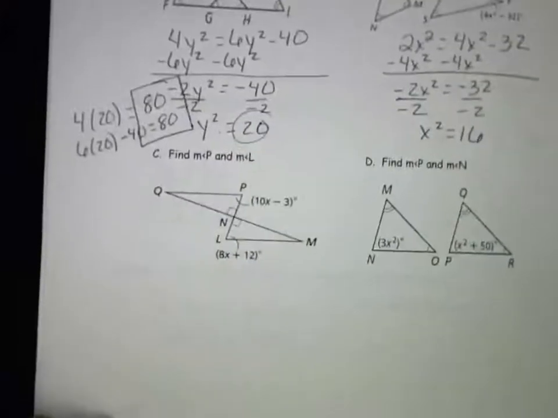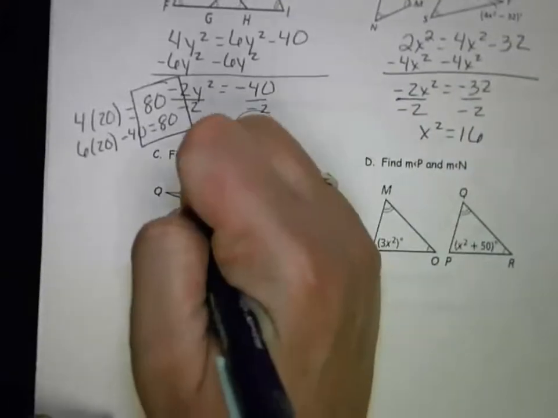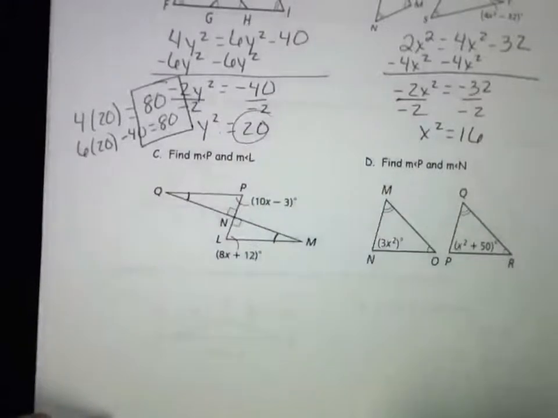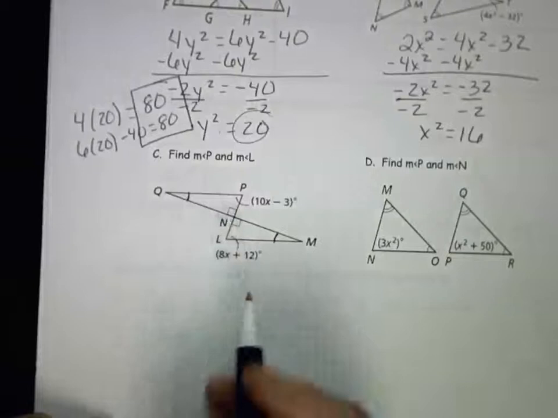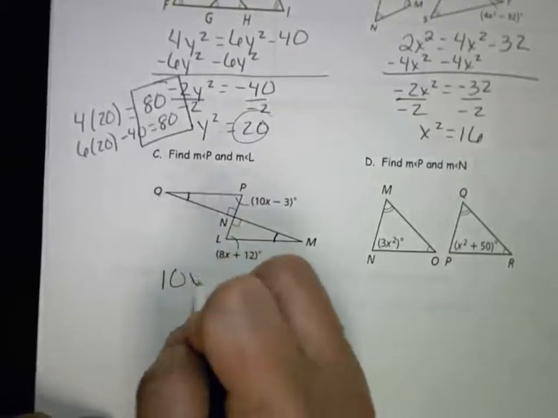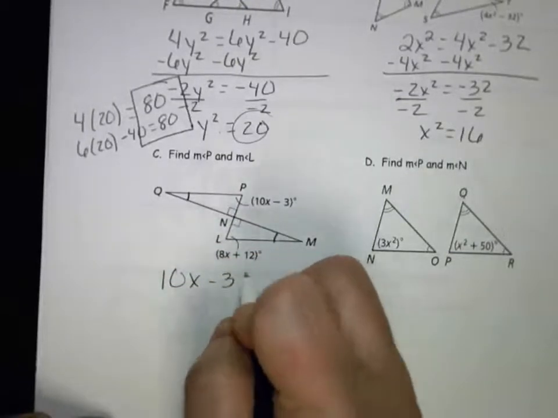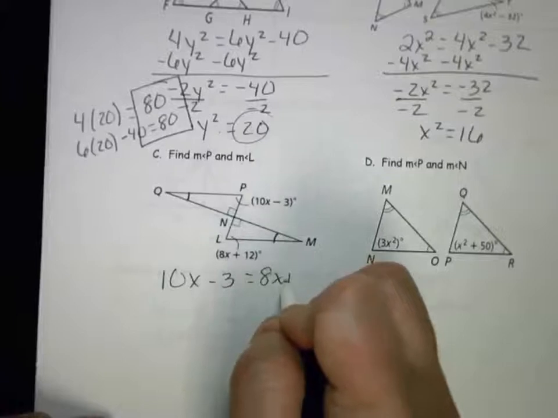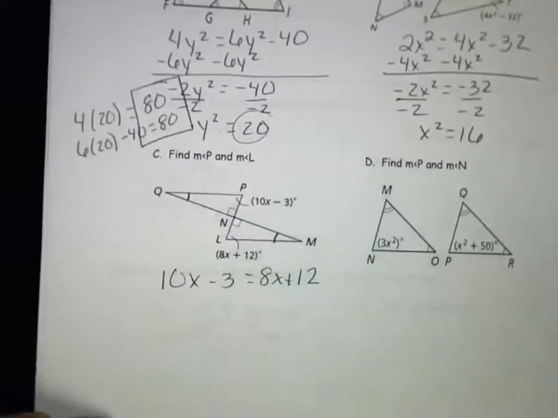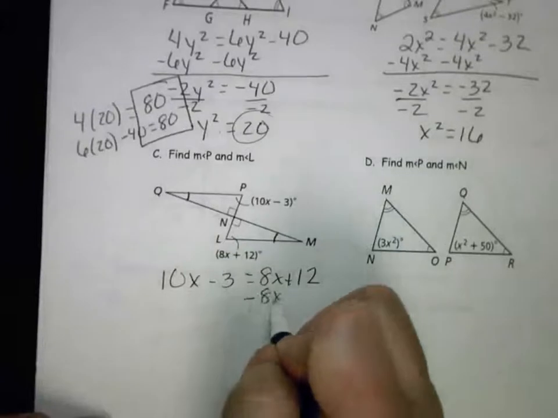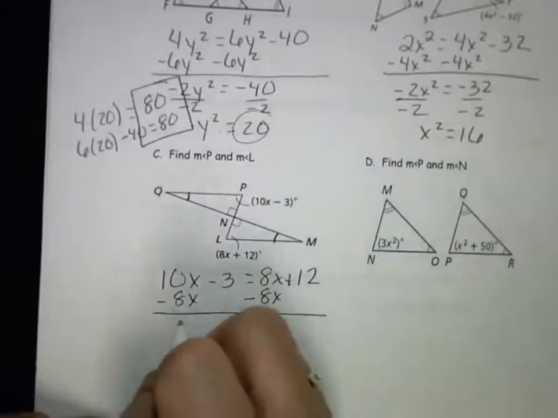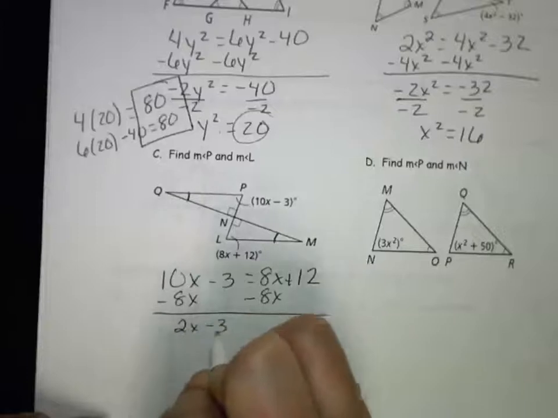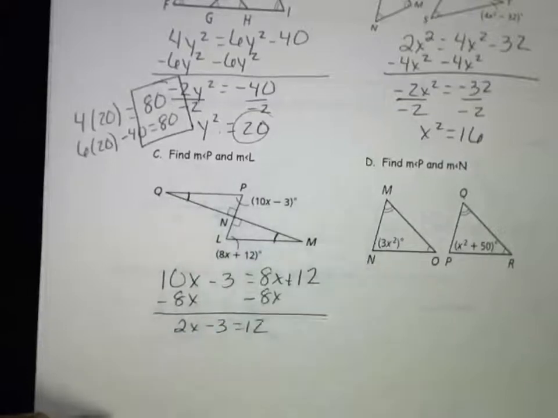Example C, we should be given that these angles are congruent. Two angles in a triangle congruent to two angles in a triangle. So we have 10x minus 3 equals 8x plus 12. Solving that, you subtract 8x from both sides, and you have 2x minus 3 equals 12.